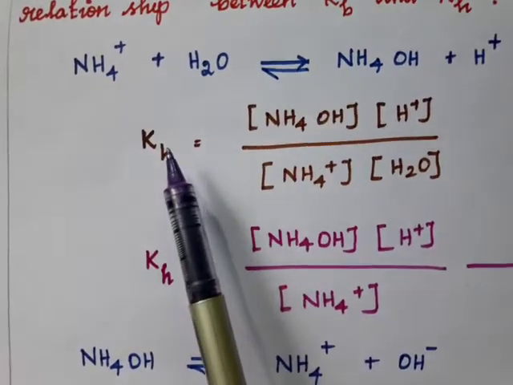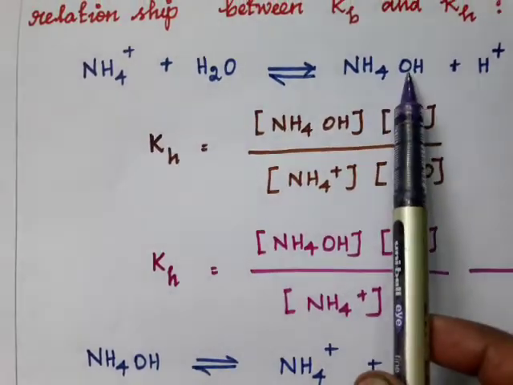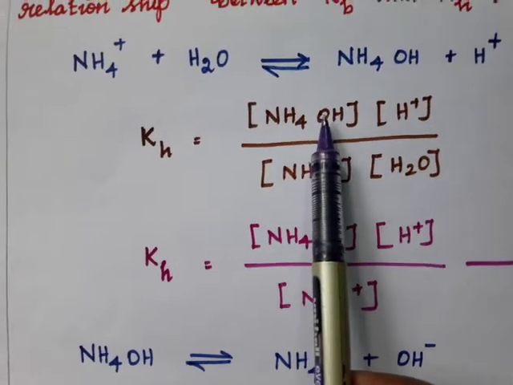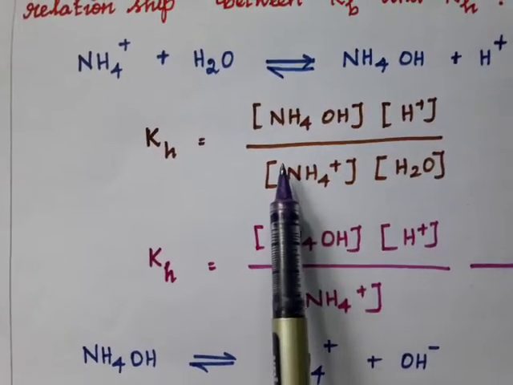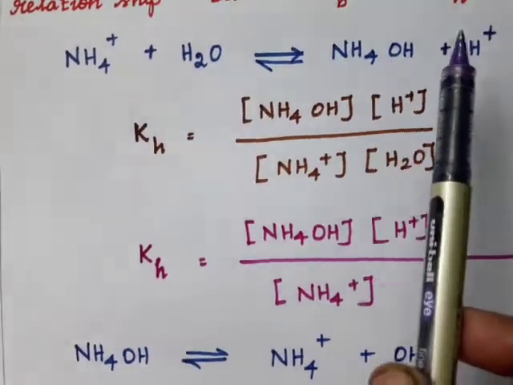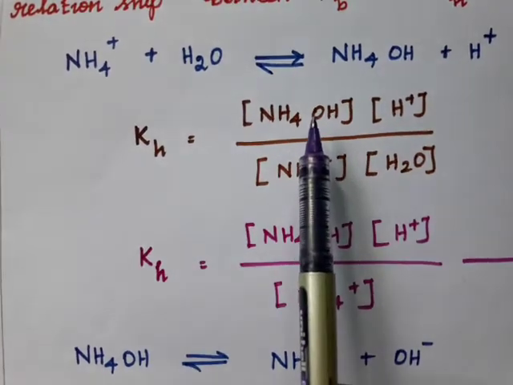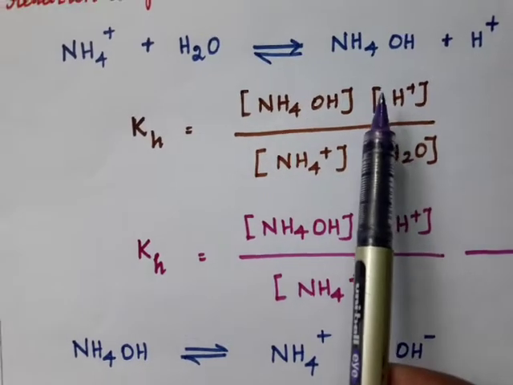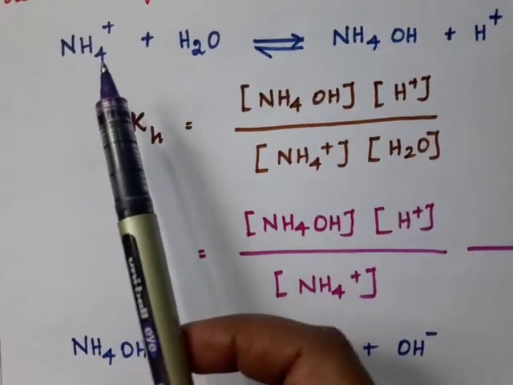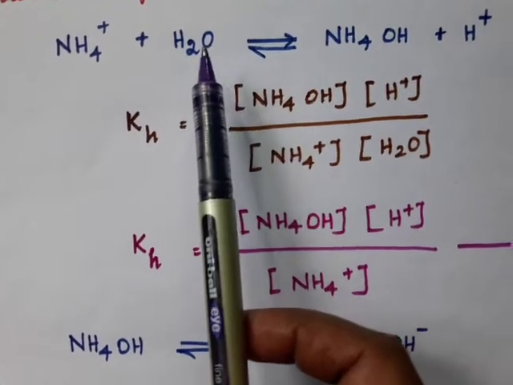For this, Kh is written as products by reactants, which means the concentration of the products by the concentration of the reactants. Here the products are NH4OH and H plus. So the concentration of NH4OH times the concentration of H plus divided by the concentration of NH4 plus and the concentration of H2O.